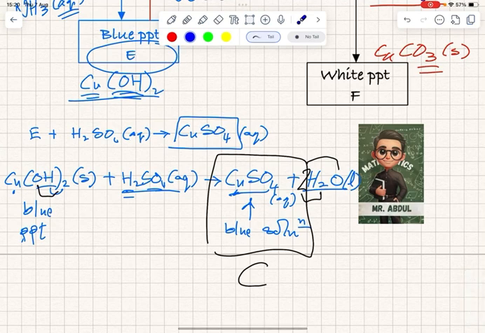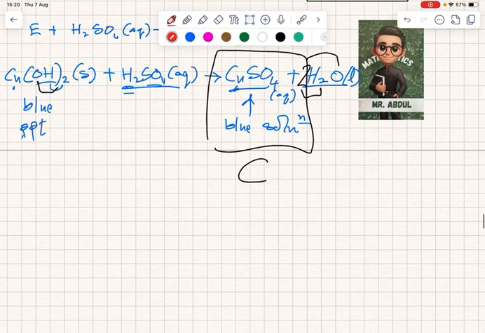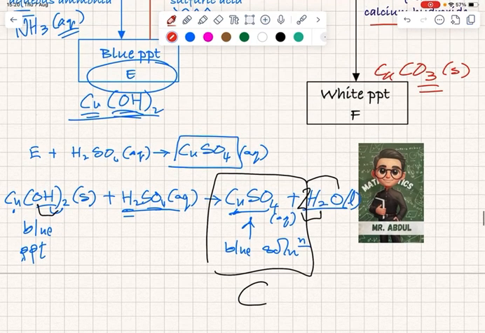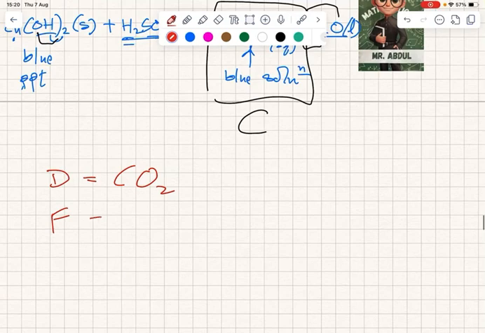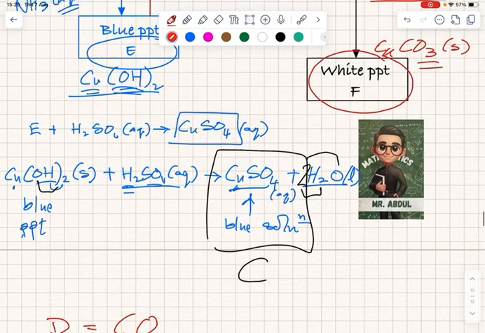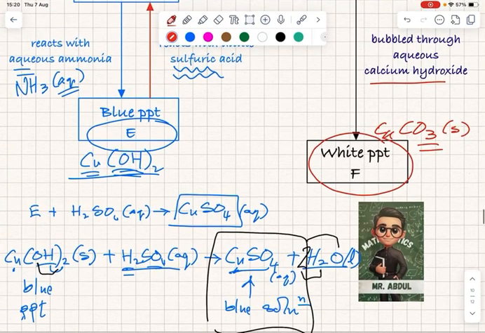So your D is carbon dioxide. Your F, your white PPT here, is your calcium carbonate. Okay, right? Your calcium from your lime water, your calcium hydroxide.